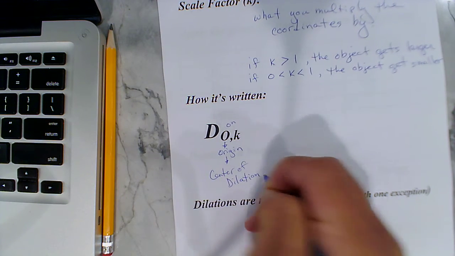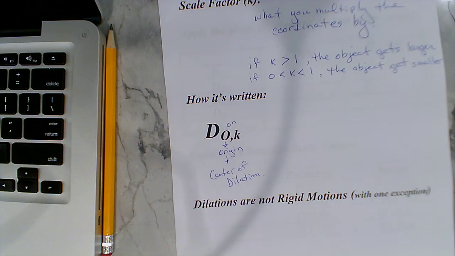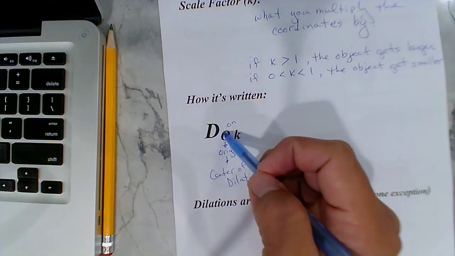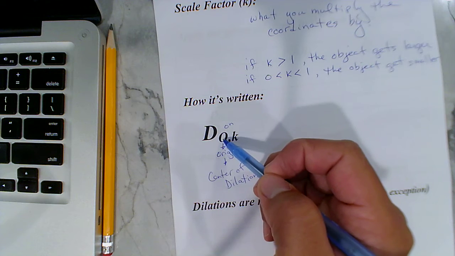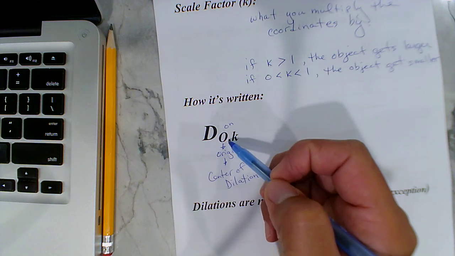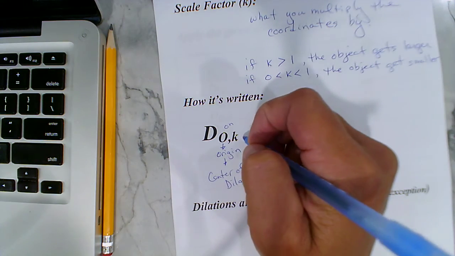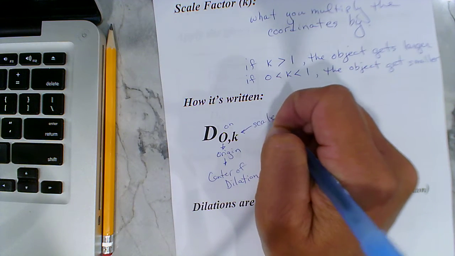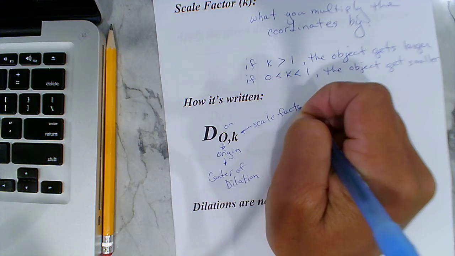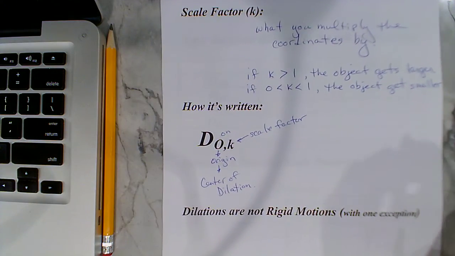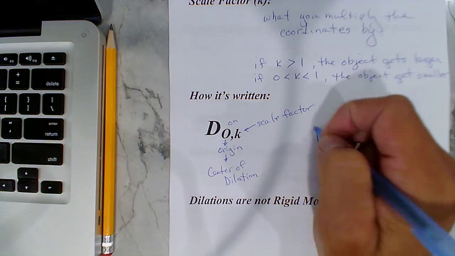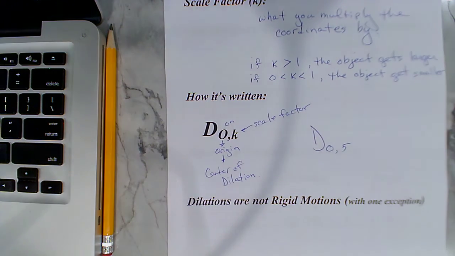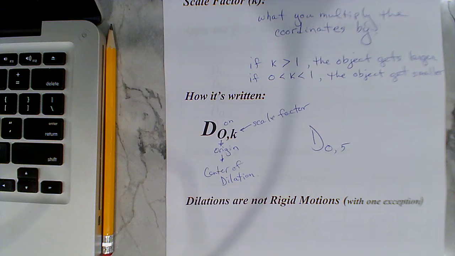Now, my origin does not have to be the center of dilation, but for most of what we're going to talk about today, it will be. So the first thing you write that's subscripted is whatever the center of dilation is, comma, then k, which is your scale factor, like we just said. So that's how you're going to see it: dilation centered at the origin of scale factor 5. And that's how you'll see it.